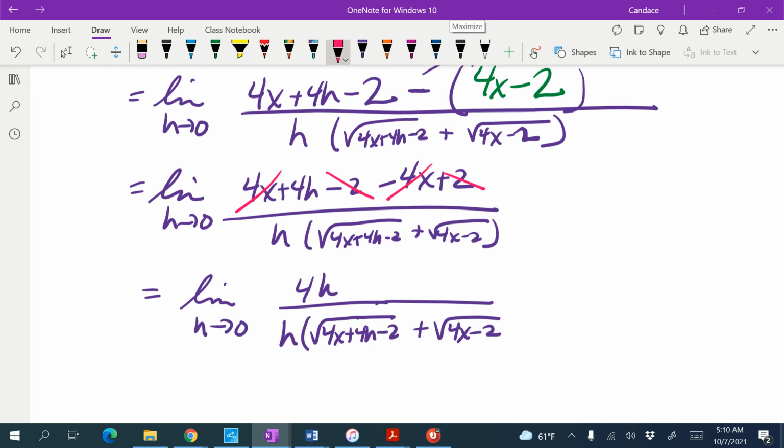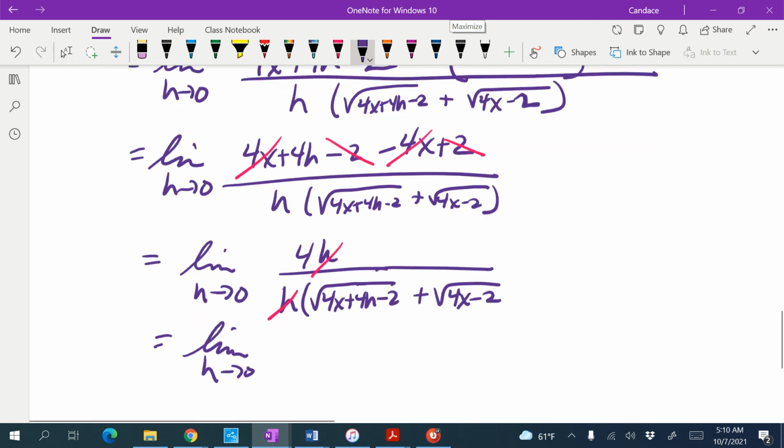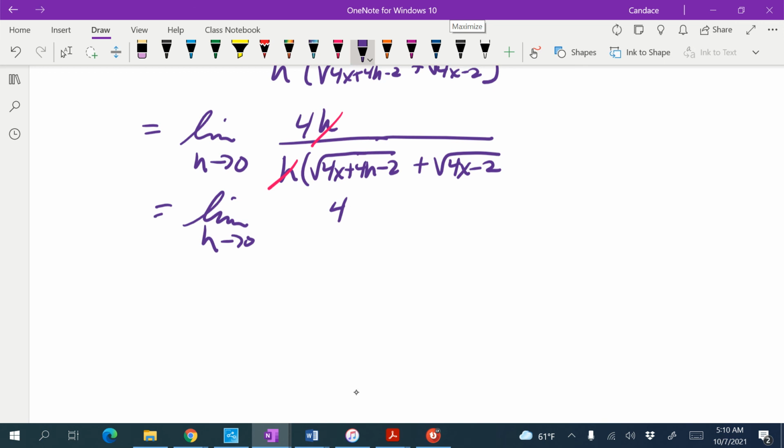And now I am noticing that my h's can cancel. So what I have left is the limit as h approaches 0 of 4 over the square root of 4x plus 4h minus 2 plus the square root of 4x minus 2.